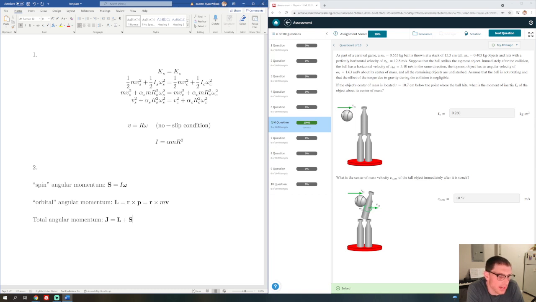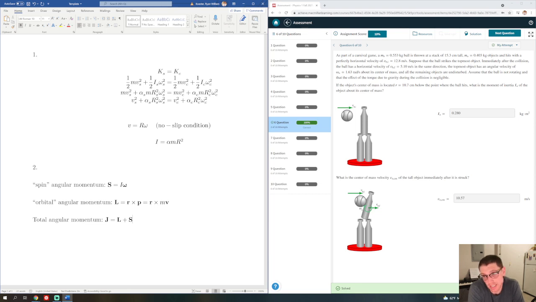Remember that the RMV sine theta is just going to happen because we define the orbital angular momentum via a cross product, right? So when you want to just talk about the magnitude, you can write RMV sine theta.